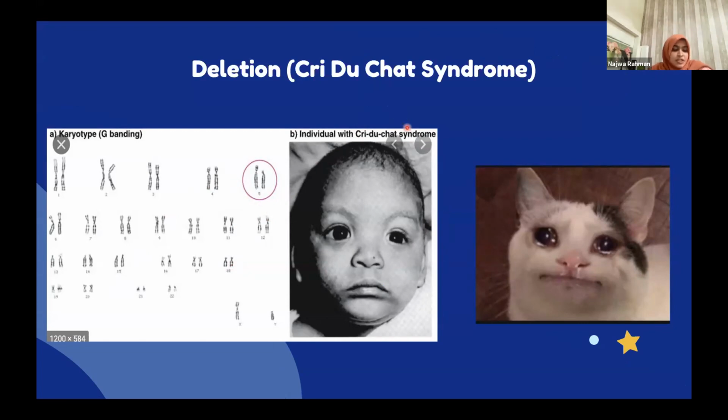Cri-du-Chat syndrome involves loss of the tip of the short arm of chromosome 5. Most affected babies have a high-pitched cry in early infancy, and it is called Cri-du-Chat because the baby cries like a cat meowing.